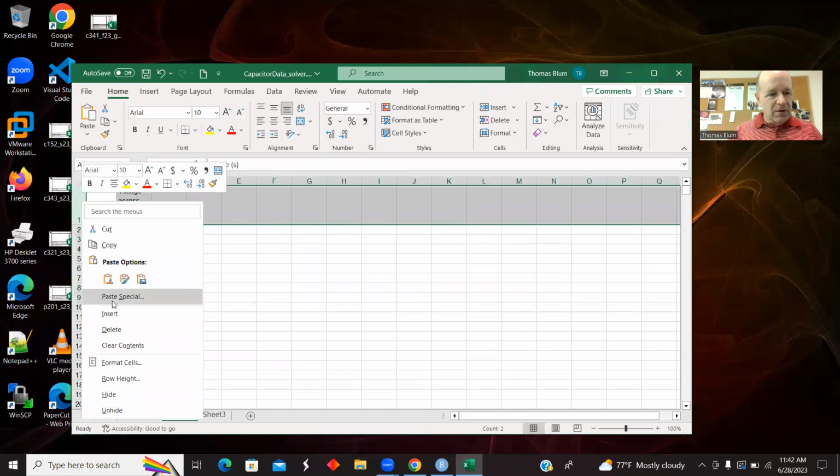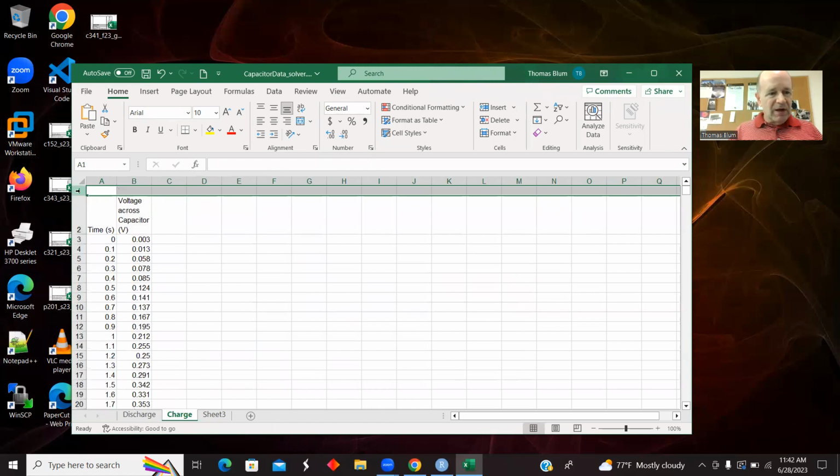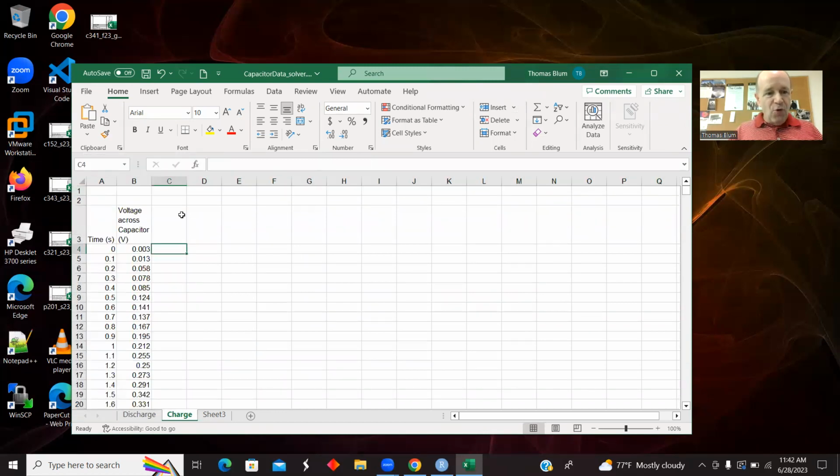I'm making some space for some parameters. The form is a charging capacitor. If there's a resistor and a capacitor in a circuit, and you close a switch and start charging the capacitor in time, then the form has two parameters.